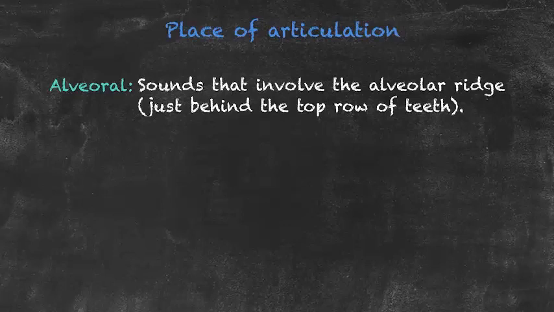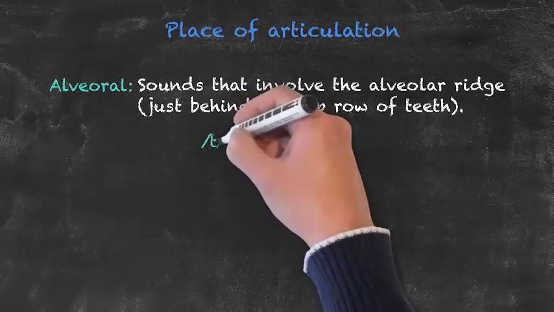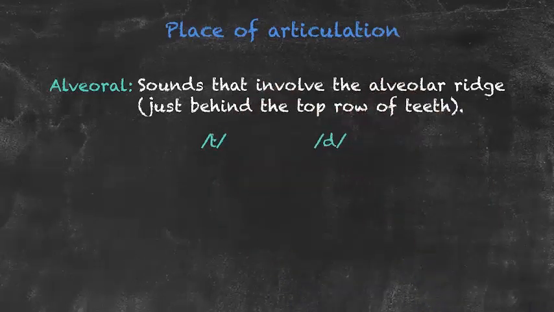Here, we're talking about sounds such as t and d. If you say them at home, you can tell the tip of your tongue is on that alveolar ridge. Again, that's t and d, as well as sounds such as s and z. Again, the blade of the tongue is just near that alveolar ridge, but it is very near nonetheless.